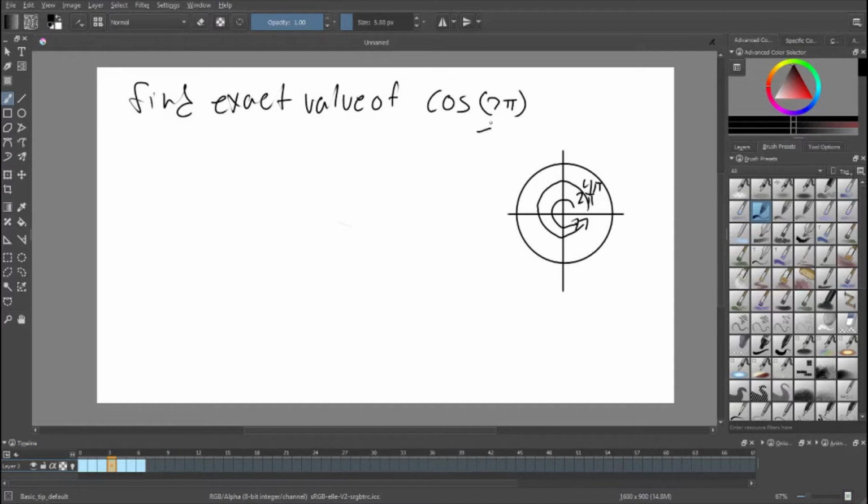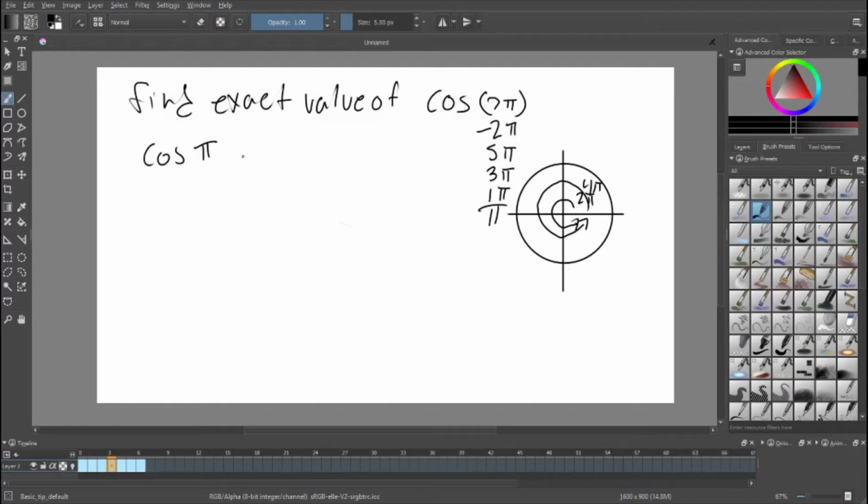So I'm going to be subtracting 2 pi over and over again until I get to something under 2 pi. So we get 5 pi, we got 3 pi, we go to 1 pi, which is just pi. Okay, so this value is essentially just the same as saying cosine pi.